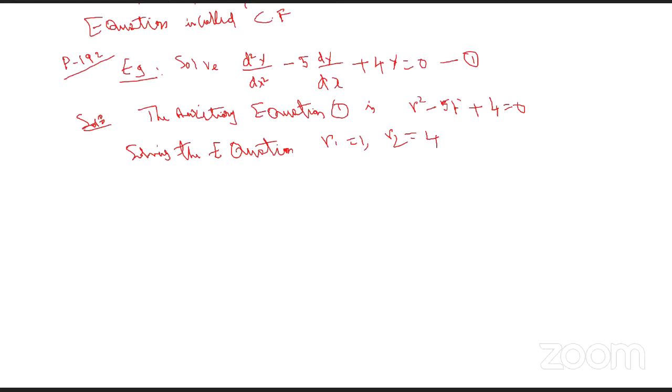Hence, phi 1 of x equal to e power 1x, that means e power x, and phi 2 of x equal to e power 4x are the solutions of the given equation.